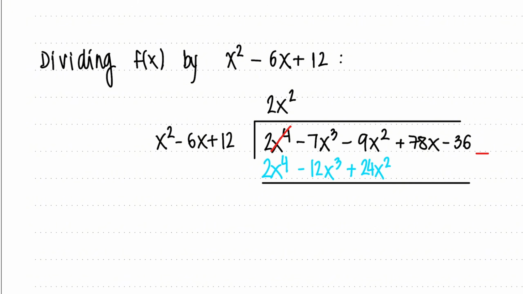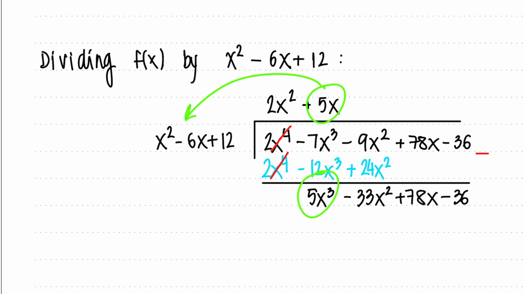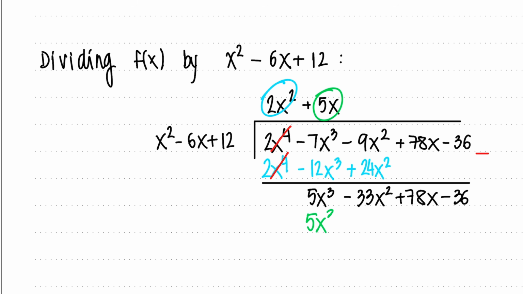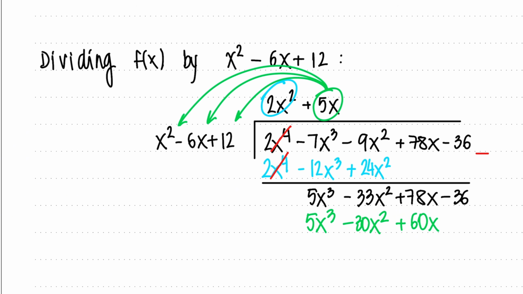By subtracting, we get rid of this, and we're left with 5x cubed minus 33x squared plus 78x minus 36. Now, in order to get this 5x cubed, we're going to add a 5x over here, because the product by x squared will create a 5x cubed. So we get 5x cubed, which is the product right here, minus 30x squared plus 60x.